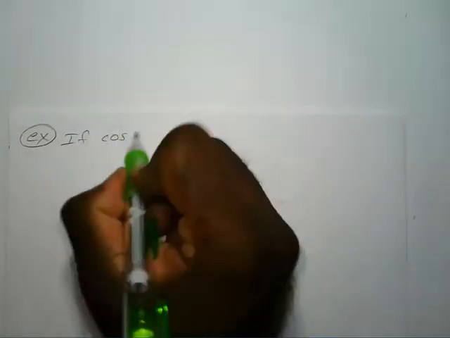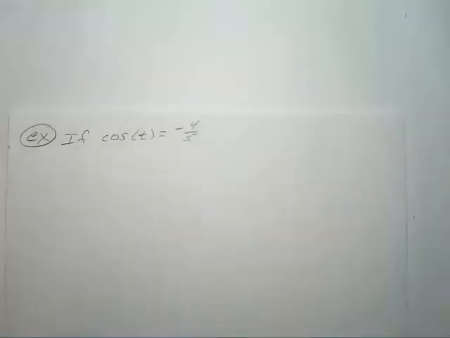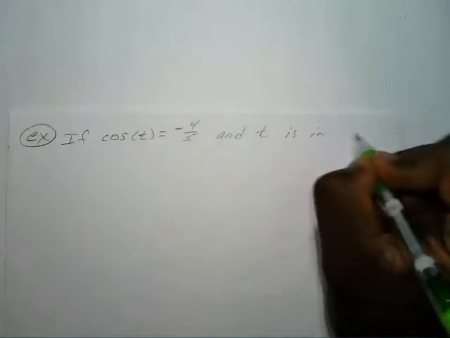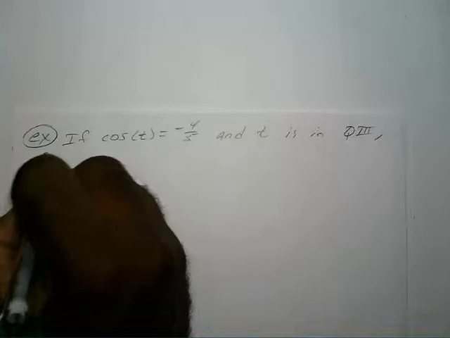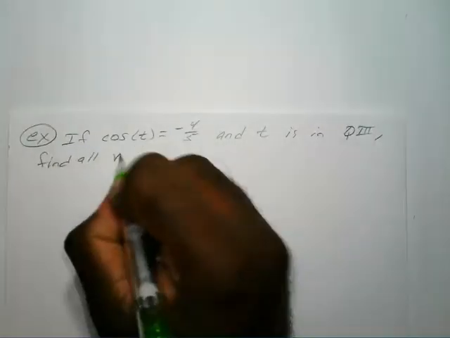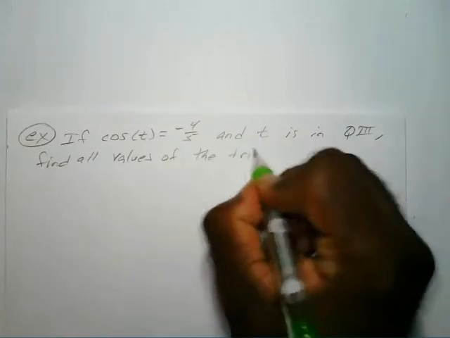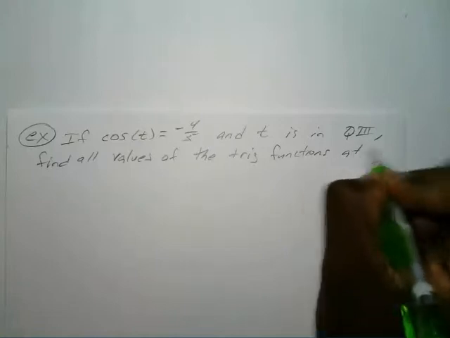Alright, so let's say, for example, if cosine t is equal to negative 4 over 5, and t is in quadrant 3, find all values of the trigonometric functions at t.